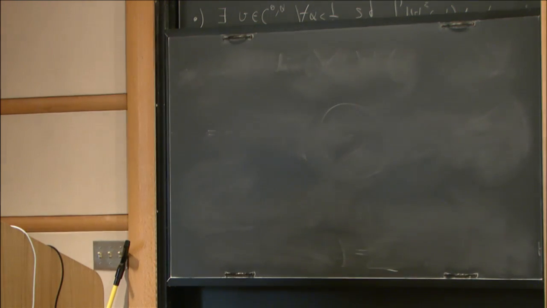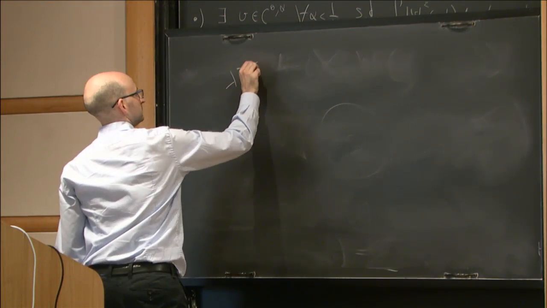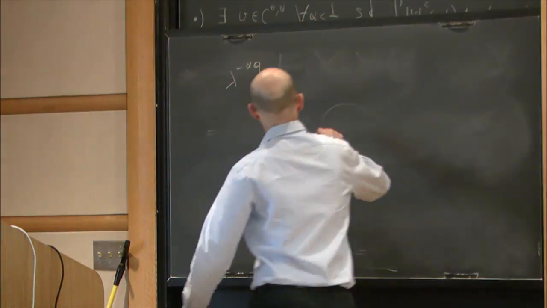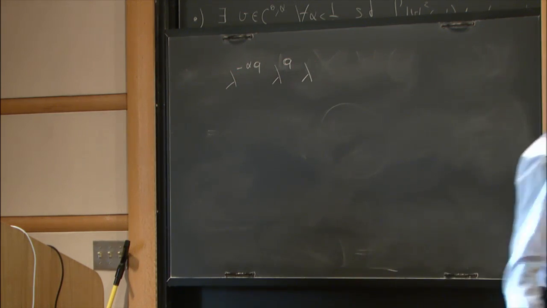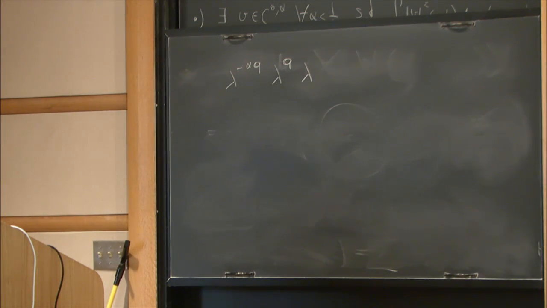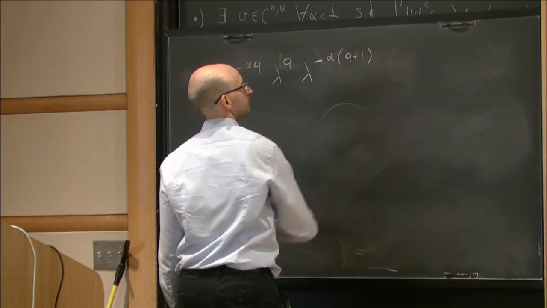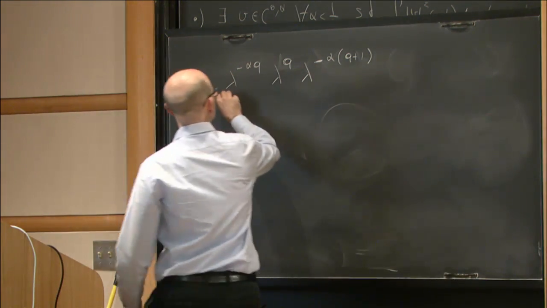So I have delta Q to the power 1/2, that is lambda to the minus alpha Q. Then I have lambda Q, which is lambda to the power Q. Then I have delta Q plus 1 to the 1/2, which is lambda to the power minus alpha times Q plus 1. And then I am dividing by lambda Q plus 1, which is lambda to the power Q plus 1.